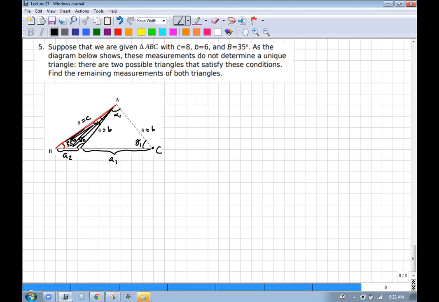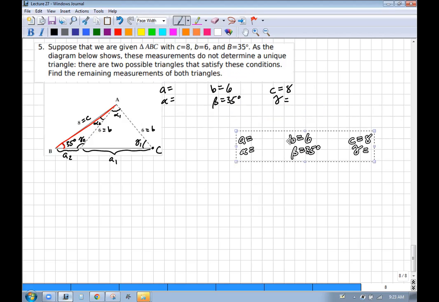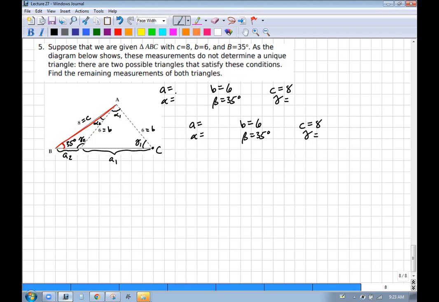So this is triangle 2, and this is triangle 1. But let's write down what we have. We have A, alpha, B, beta, C is 8. We don't know gamma. So that's writing it down generically. So there's going to be two triangles that work out. They've already told us that. I call this 1, 1, 1, 2, 2, 2.